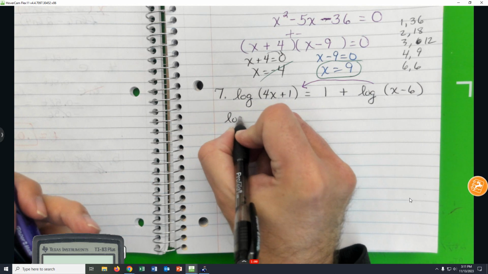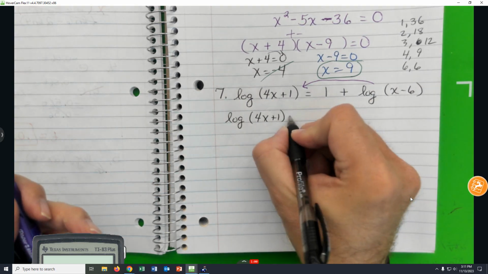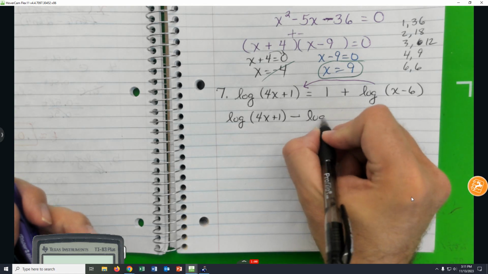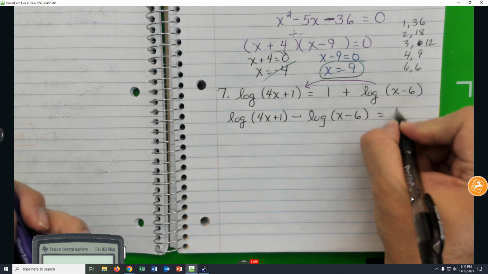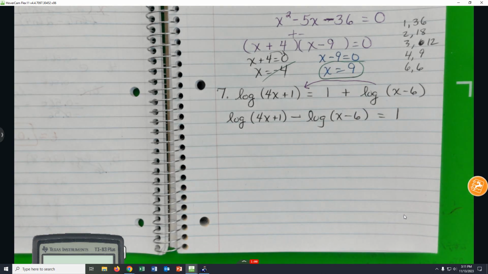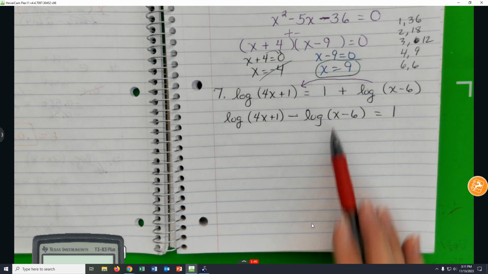So it's log 4x plus 1 minus log x minus 6 equals 1. Again, that basic problem solving strategy: make it look like the one you know how to do. So we put the two logarithms together on the left-hand side.